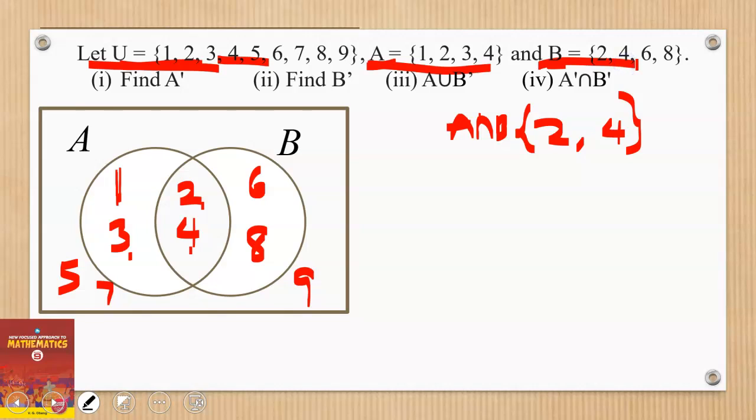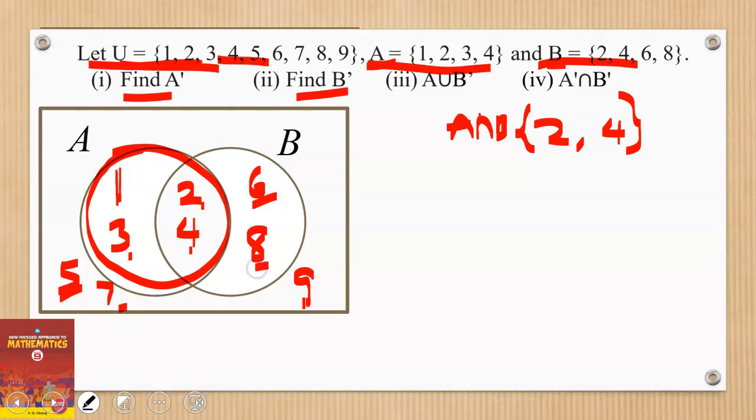So this is how we can represent the information, the universal set, A and B, on the Venn diagram. Now, based on this Venn diagram, we can answer all the other questions that we've already answered. What is A complement? You look at outside A, all elements that are outside A become A complement, like 5, 6, 7, 8, and 9. Then B complement is all elements that are outside B, which will be 1, 3, 5, 7, and 9, like we did.